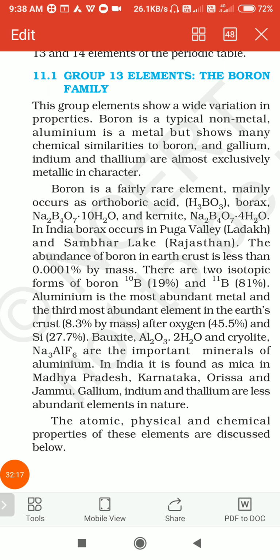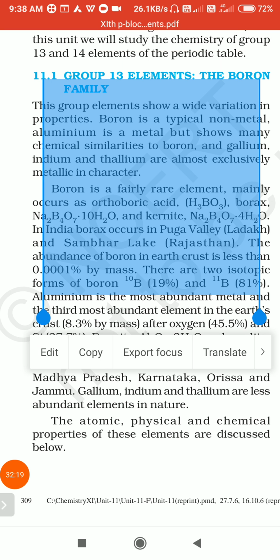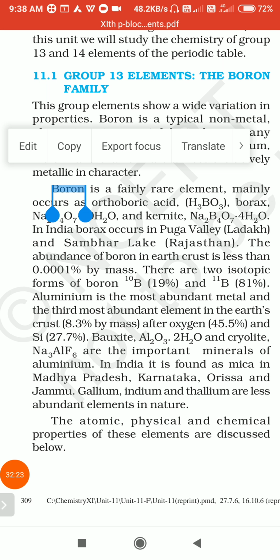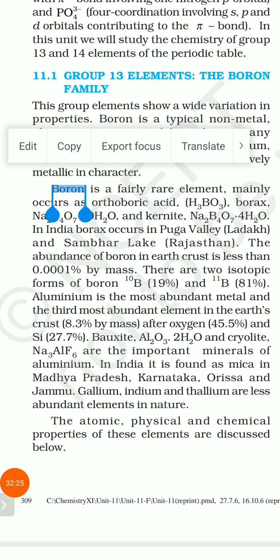Which compounds does boron form? There are different compounds.